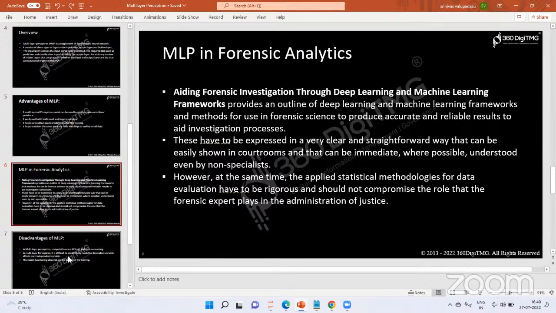How is MLP used in forensic analytics? Not only MLP, but the total data science concept is widely used in forensic analytics. The main intention is that the requirement will be satisfied soon. We use machine learning techniques in forensic science, for example to solve the case.